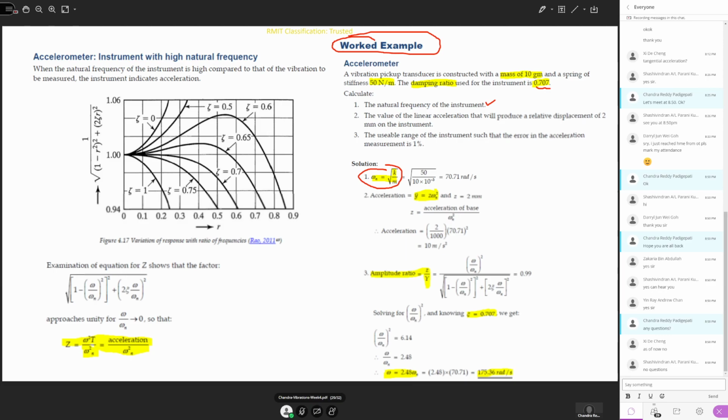So when the displacement is given as 2 mm, you can calculate the acceleration. We know that V is equal to R omega.